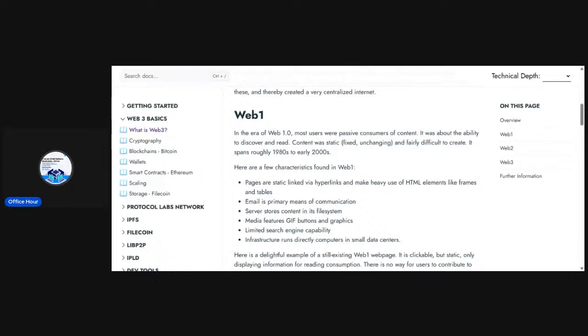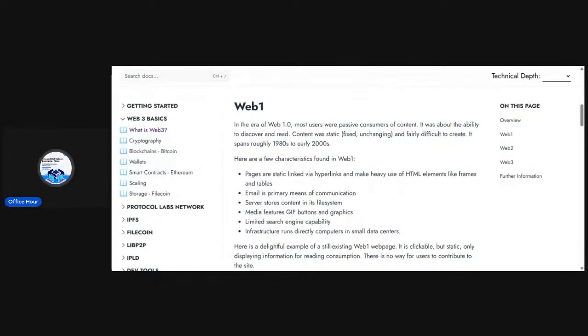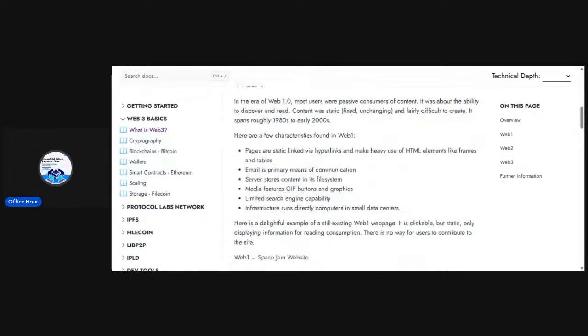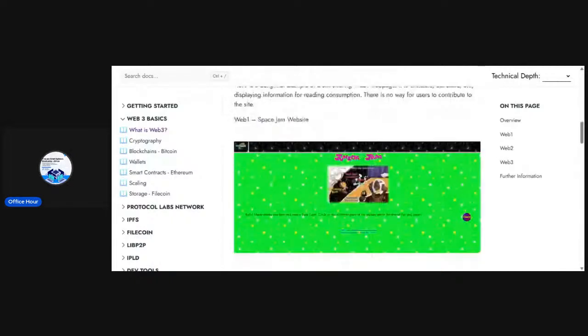The server stores content in its file system. The media features GIF buttons, graphics. If you remember the Web1 page, this is how it was. You build this, you're so happy then. I just remember when the US government sites used to be like this, like NASA, I always liked playing with the astronauts.